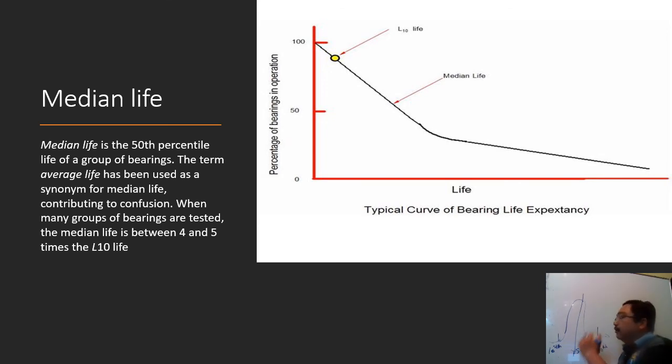This is the median life. Again, if you want to play safe, go for the 10 percentile. To take medium risk, go for the 50 percentile, and if you want to take a big risk, the 90 percentile. Beyond this, you must change your bearing, whatever happens. It's very dangerous going beyond the 90 percentile.